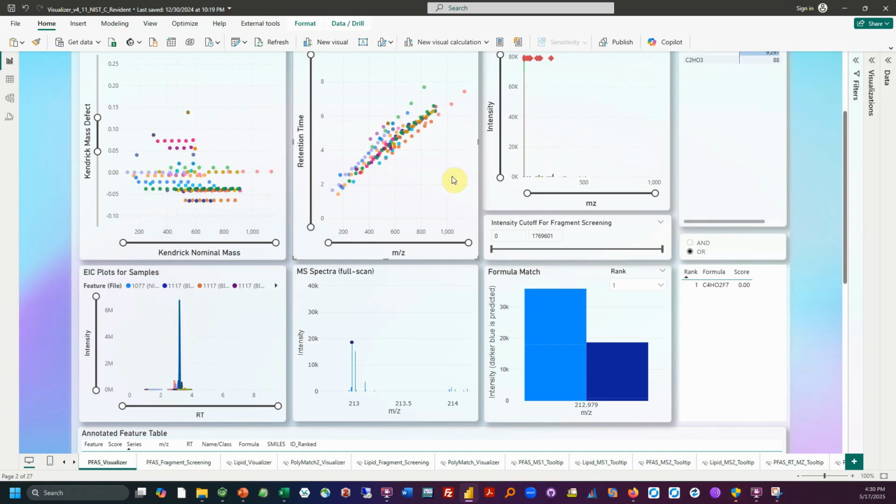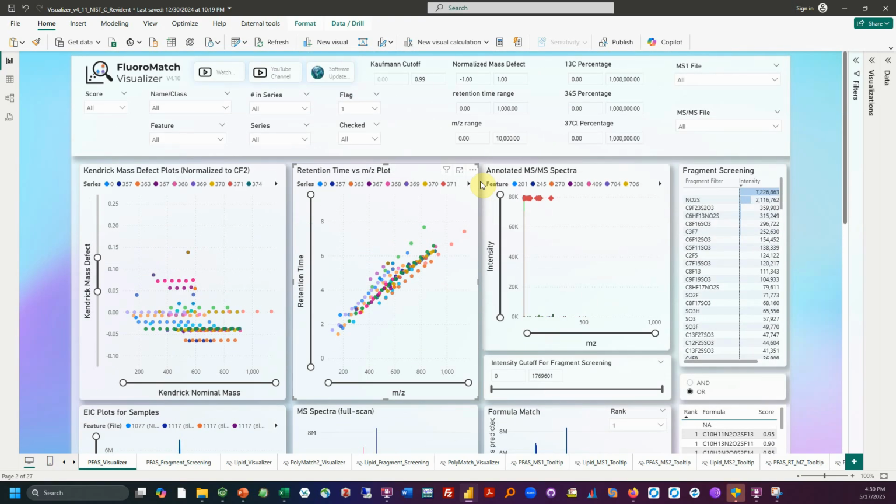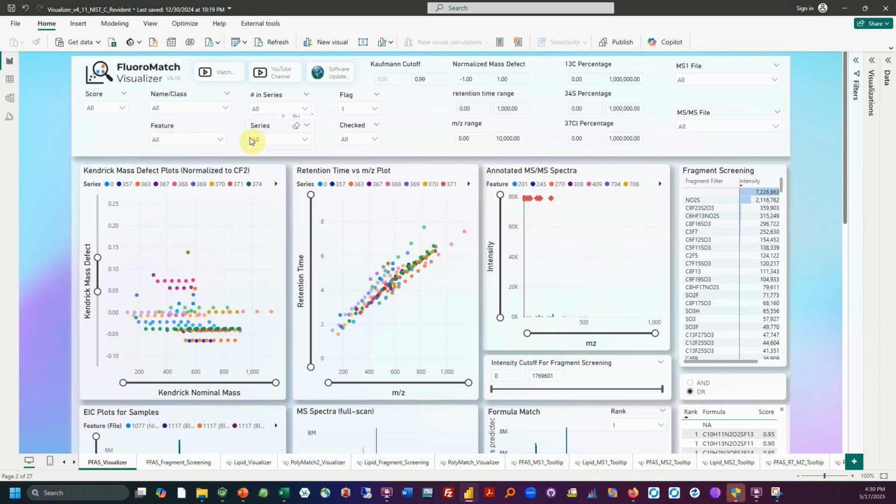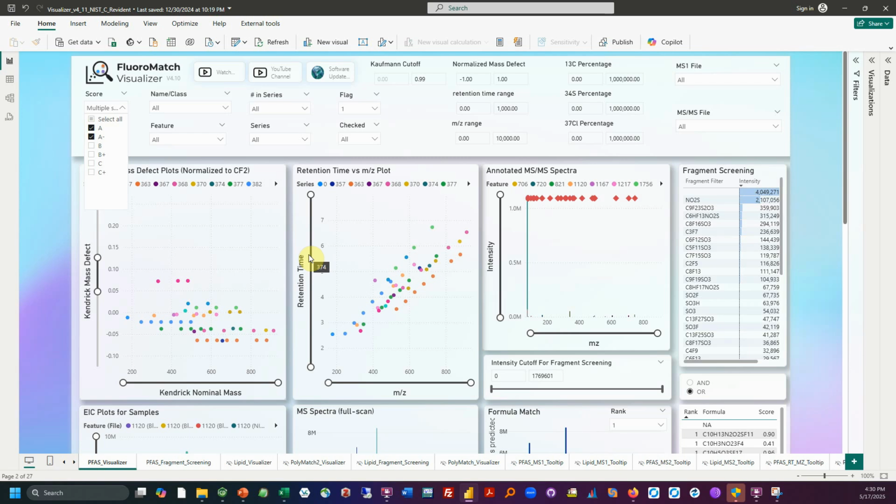There's one other thing that you can do quite easily within the platform here. Just wanted to let you know that the rule-based spectra we're talking about gives you a score of A. So all of these things, if I wanted to filter by A or A minus, are those that met all the criteria of our MS-MS spectra.